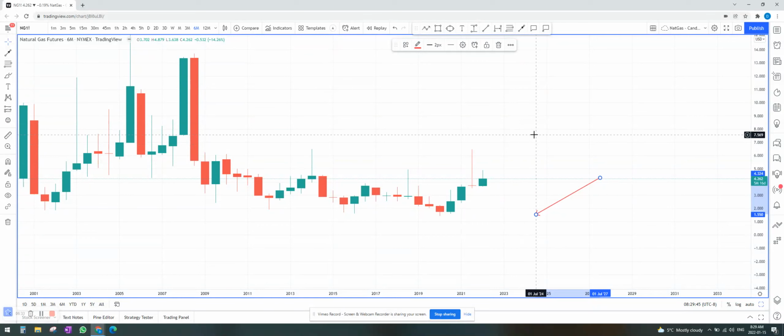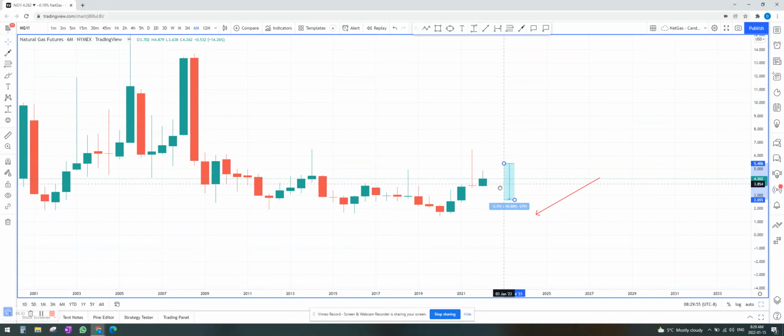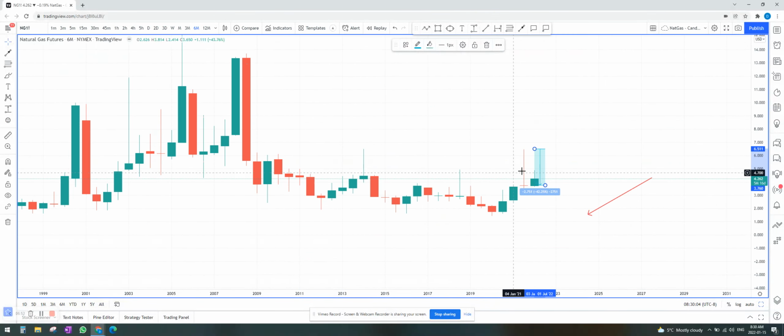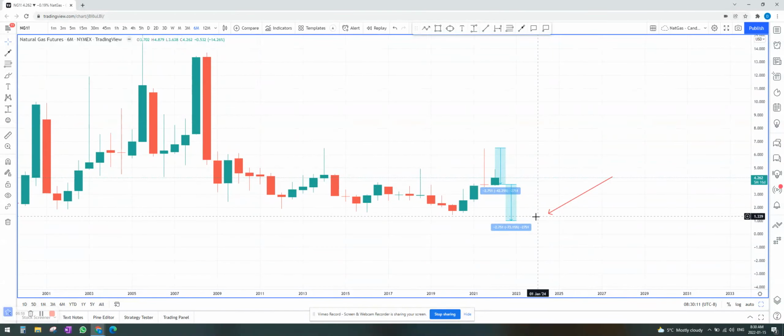A gravestone doji gives us an opportunity to measure the prospective move. It is usually the size of the upper wick. So we measure the upper wick, and then we duplicate this measure. We are seeing that possibly natural gas can go as low as $1.